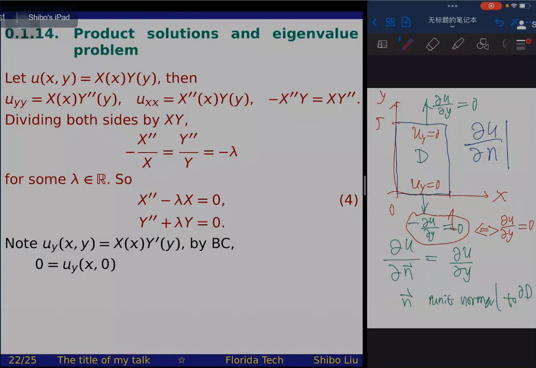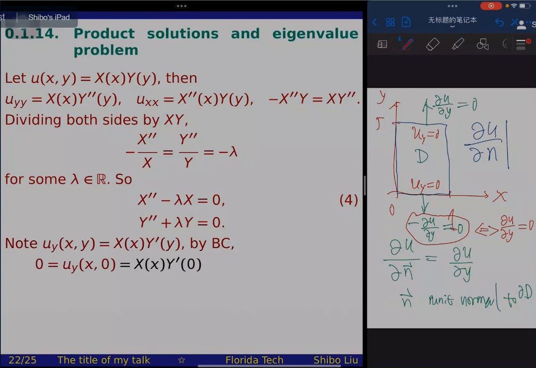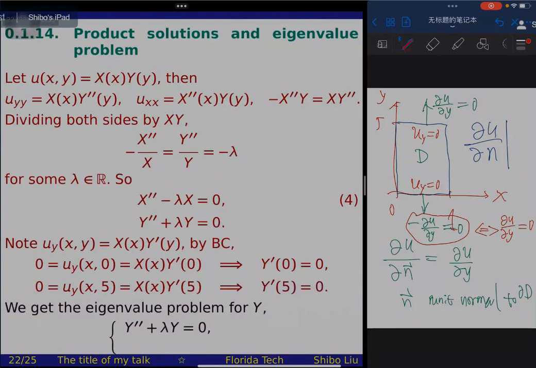u_y is X Y prime. So using the boundary condition on the bottom, that is when y equals 0, u_y is 0, but this u_y is X Y prime 0. So Y prime 0 has to be 0. Similarly, when y equals 5, u_y is also 0, but this is equal to X Y prime 5. So Y prime 5 is also 0. So the eigenvalue problem is Y double prime plus lambda Y equals 0.